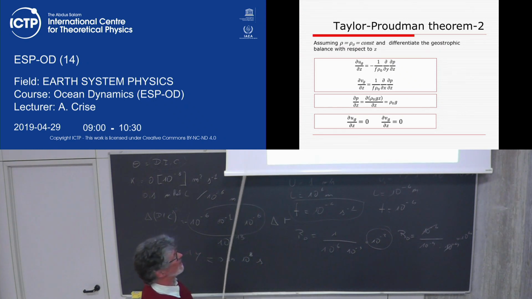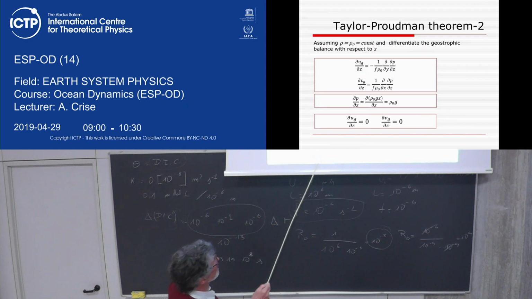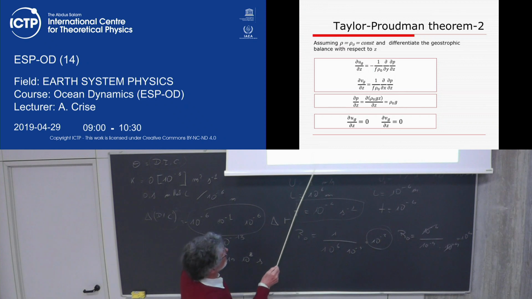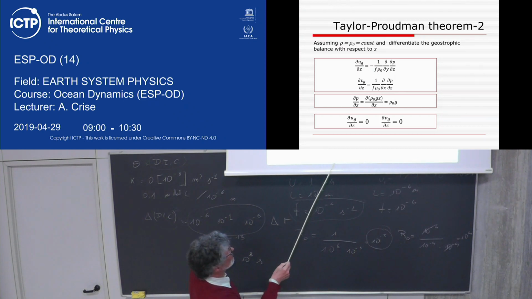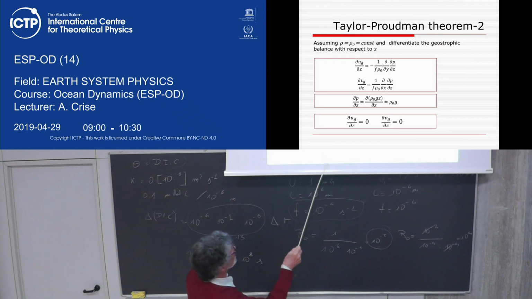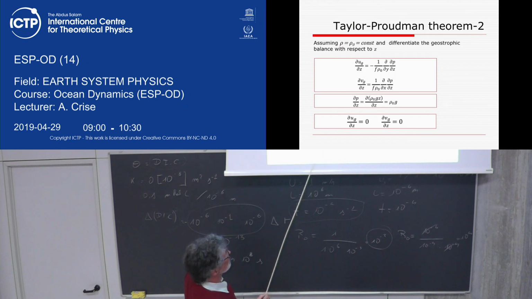But assuming that rho doesn't change so much, assuming that rho is constant, then you have something which doesn't depend on lateral gradient. So the gradient of a constant term is 0.